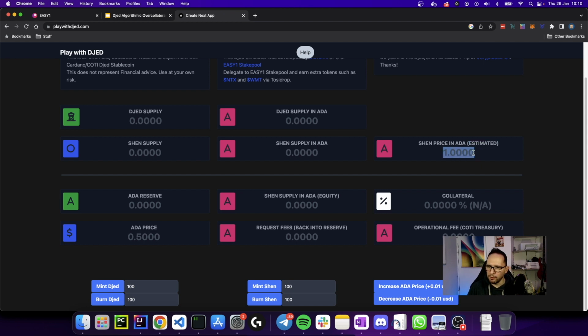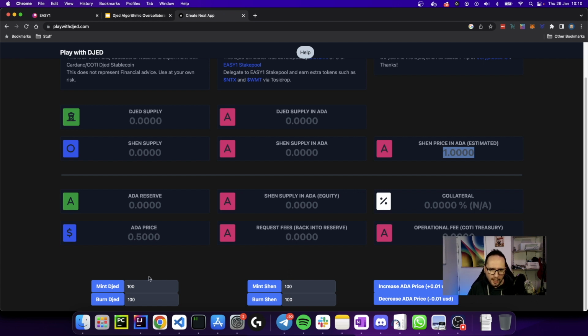It means that it could be off by a couple of percentage points, but it's not the purpose of this simulator to give the exact price, but to understand how this price is affected by the different events of the Djed ecosystem.